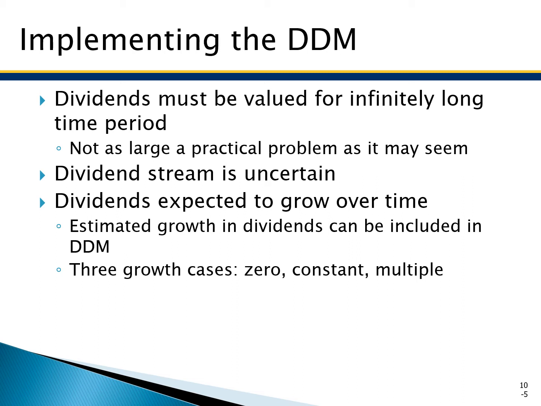Then, the dividend stream is uncertain. It's also very important that when we are considering dividends associated with common stock, as compared to bonds and preferred stock, the dividends declared by the company are not definite. So this dividend stream is uncertain because we are not sure about the future profit of companies.